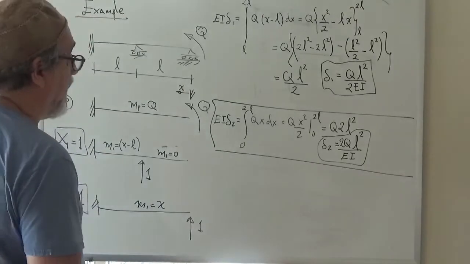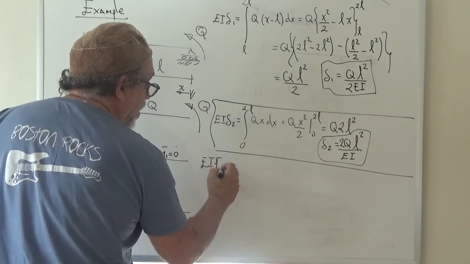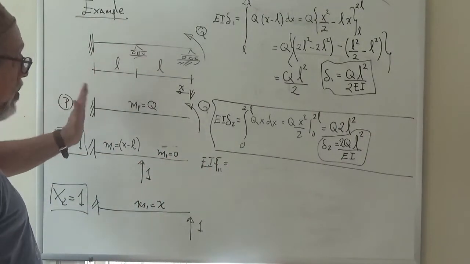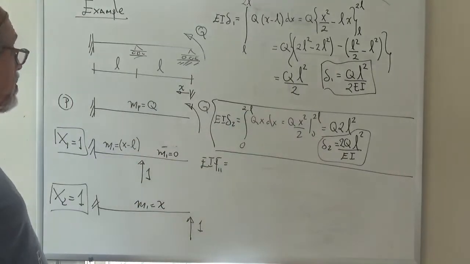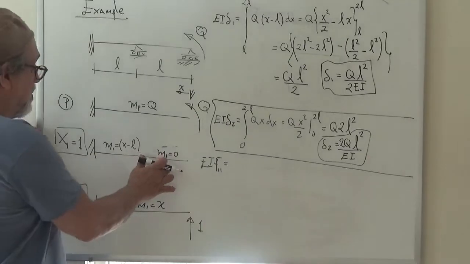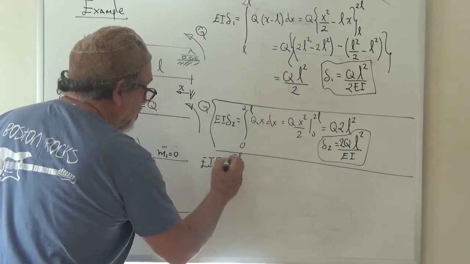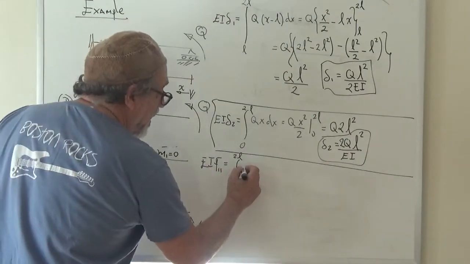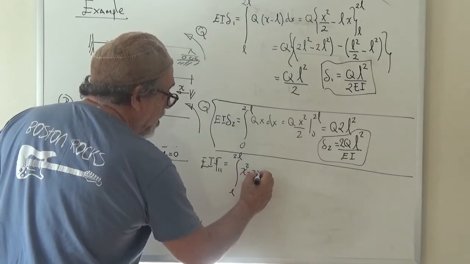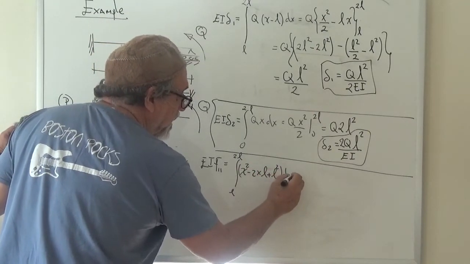Now we want to calculate F11. So EI F11. Of course, I can put the EI on this side because the EI is the same everywhere. Otherwise, I'd have to put it where it belongs, right? So it's this sketch times this sketch, 0 times 0, and then this part, right? So it's the integral from L to 2L of x minus L squared, which is the same thing as to say x squared minus 2xL plus L squared dx, right?